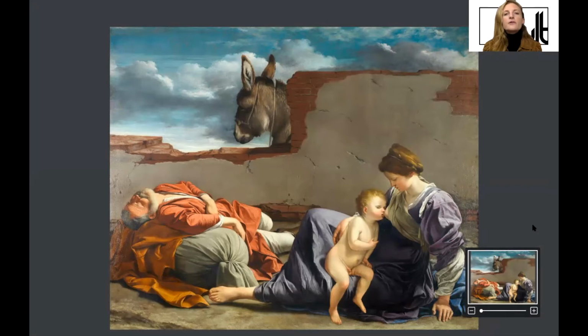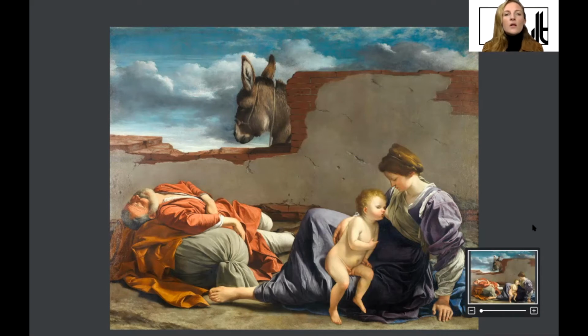The revolution in painting at this moment comes in the form of painting from life, which of course had been happening in the Renaissance. Life drawing was a fundamental part of your training as an artist. But with the 17th century, with the Baroque artists, late 16th, early 17th century, you start to see artists painting directly from live models.